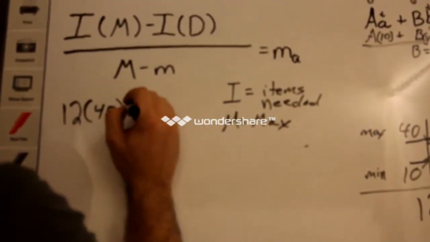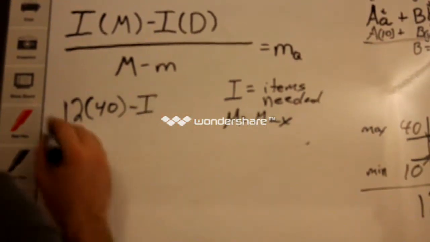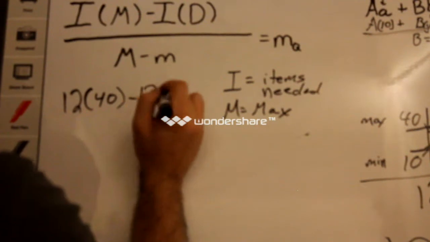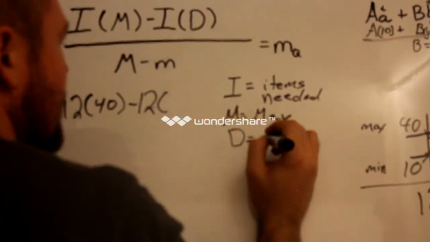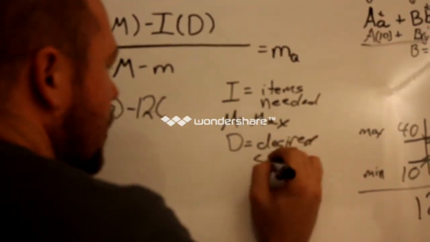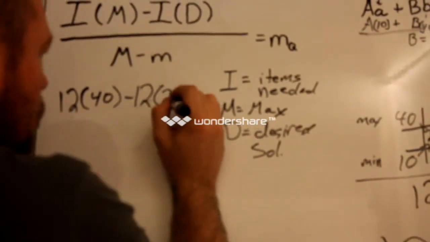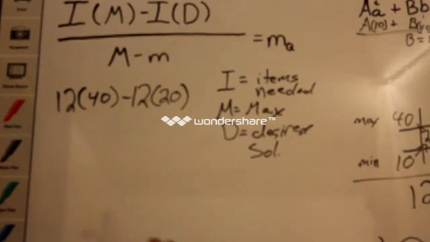So we do that, and then we subtract the same I, which is 12, times D. Now D equals our desired amount or desired solution, and in this case it's 20%. We're looking for a 20% solution that equals 12 liters.